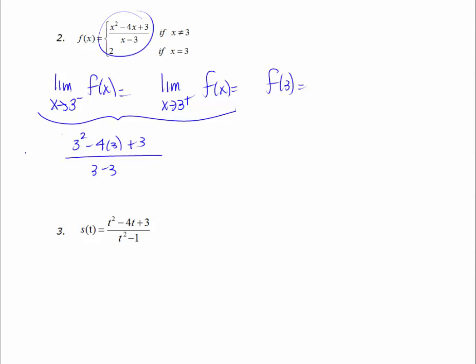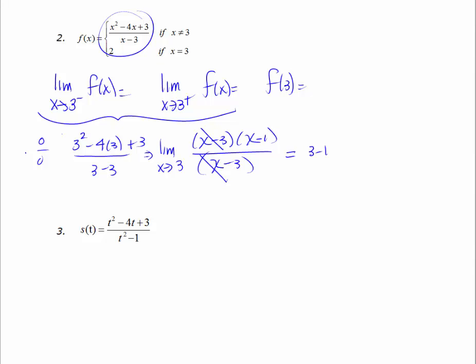That would give us 0 over 0, in which case we know that we need to factor. So we'll get x minus 3. So we want to take the limit as x approaches 3. The x minus 3 will cancel, and we can now plug in the 3. We get 3 minus 1, which is 2. So we know the limit is equal to 2.